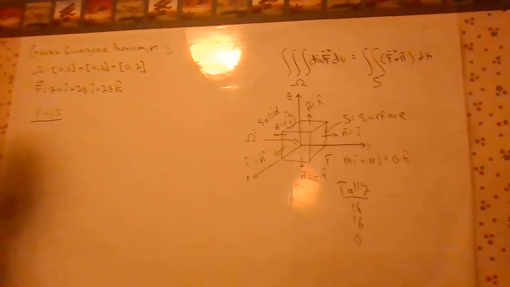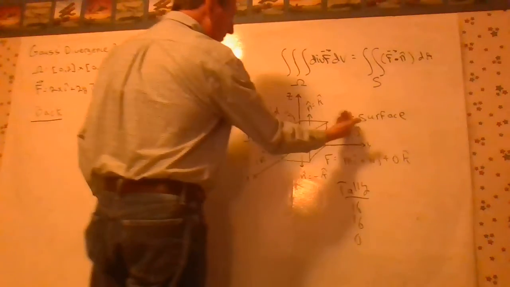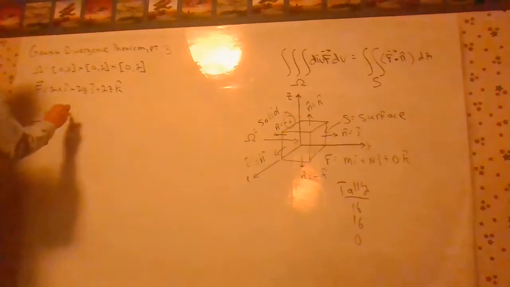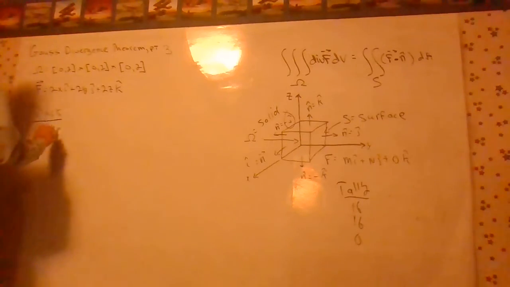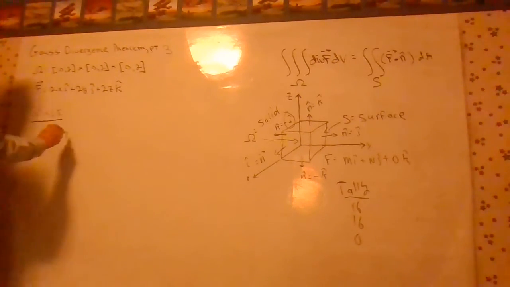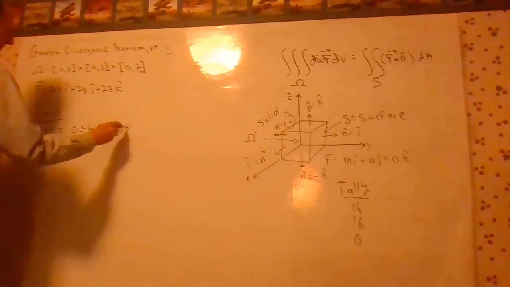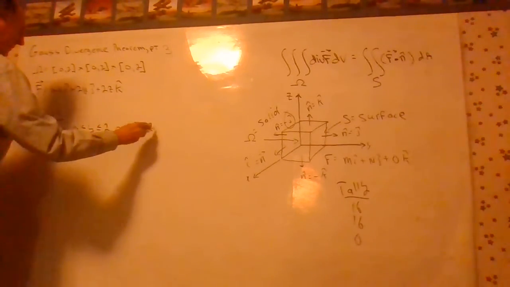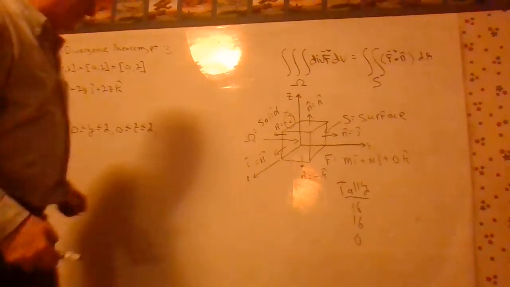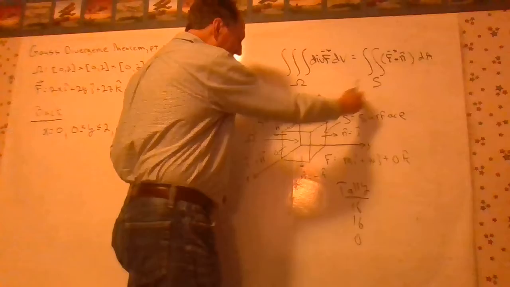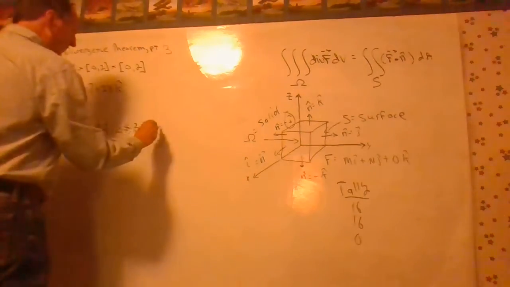Okay, the backside. Let's see, on the backside, we're really in the YZ plane. X is fixed at 0. On the front side, the unit normal vector is i, and the back side is going to be negative i. It goes in the opposite direction.